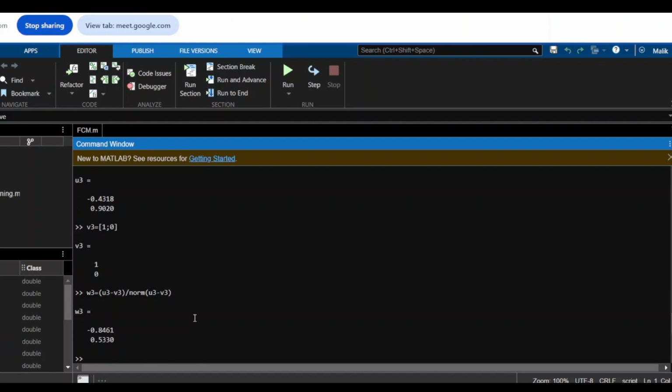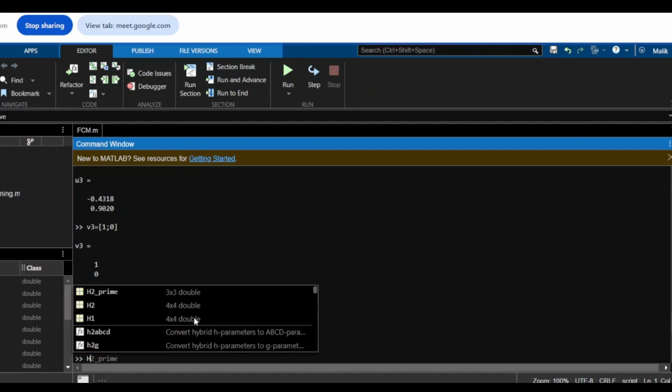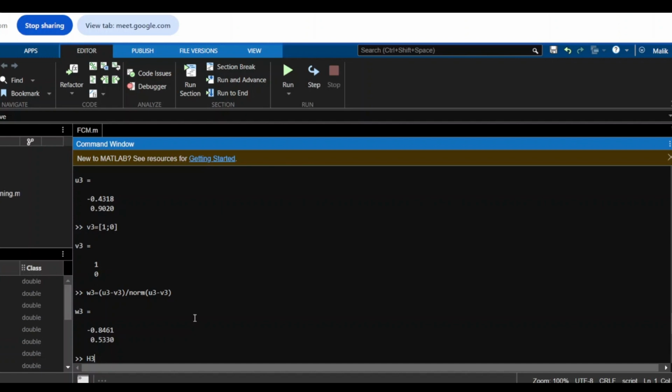Now from W3, what will I calculate? H3 prime, right? So H3 prime will be what?